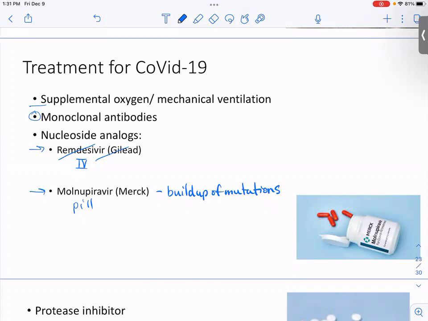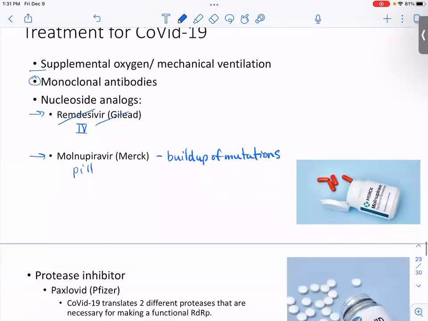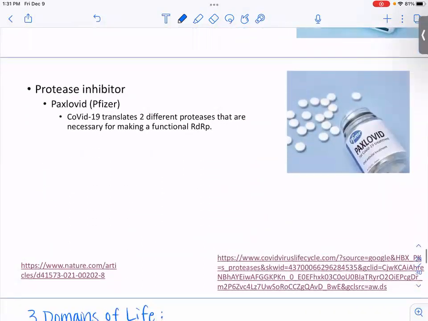So that never really gained traction, because at the same time, another drug came out that has a different mechanism, and that drug is Paxlovid. This is a protease inhibitor. We just talked about protease in HIV.